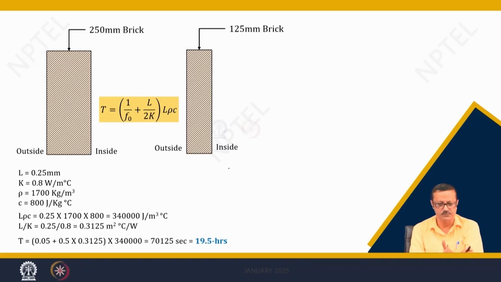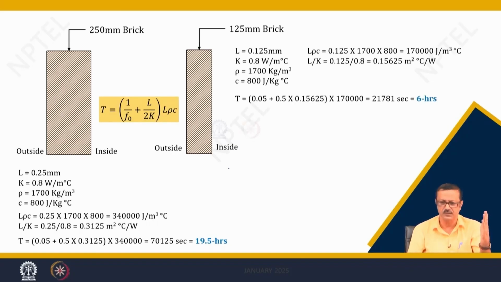If I take a smaller thickness, half thick, I have to see what is going to be the change. Logically, I will say the thermal time constant will be less than 19.5 hours. I have computed it. The only change is the thickness L value; rho and C will be the same because it is the same material, and I got 6 hours.